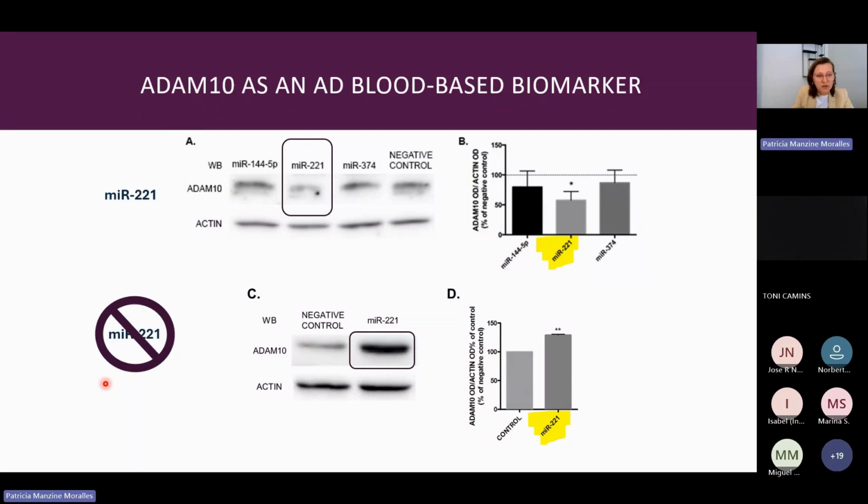So when you block 221, we observed significantly increased protein levels of ADAM10, showing the importance of this specific microRNA for the regulation of this protein.